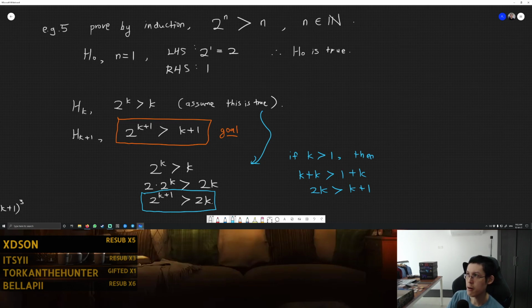It's like saying some function that we have, fk, is greater than 10.